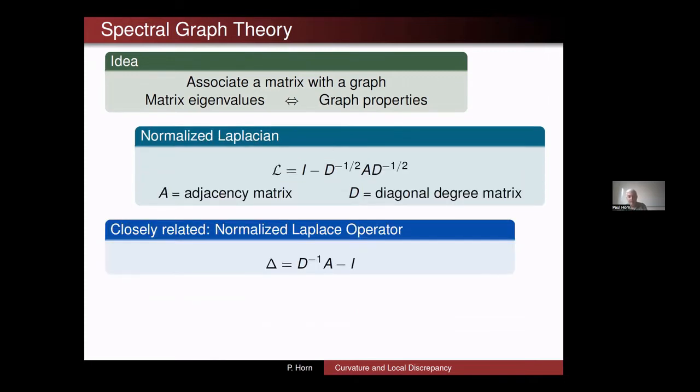Fan is here, so I would be remiss if I did not mention the normalized Laplacian, which is a normalized version of the combinatorial Laplacian. So I'm normalizing it by the degrees. Here I'm taking the combinatorial Laplacian and normalizing it in a symmetric way based on the degrees of vertices.